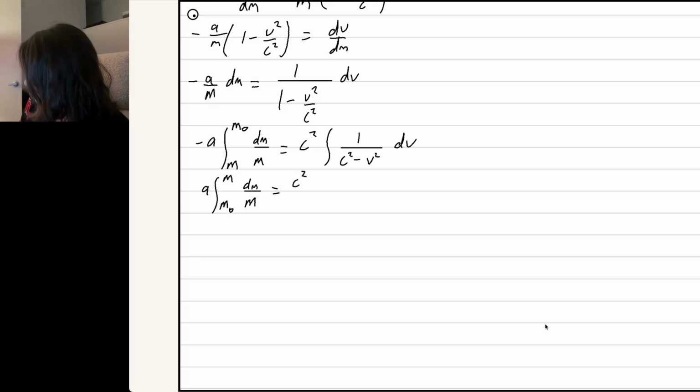So it's going to be, I think, c over 2. No, 2 over c. My bad. 2 over c natural log. On the top, we'll have c minus v, and the bottom will have c plus v.